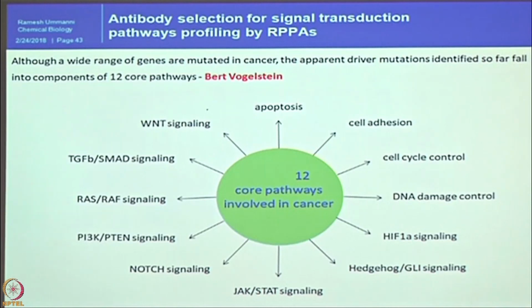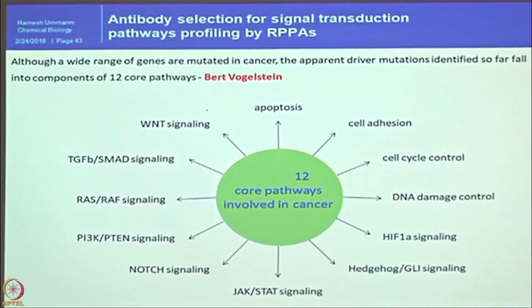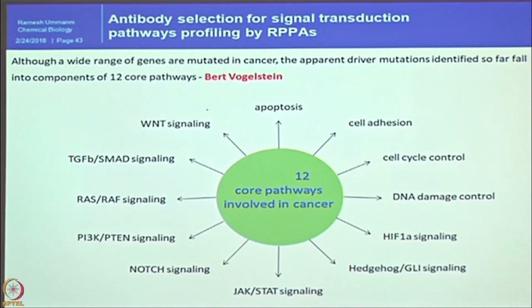Again, as I said in the first couple of slides, antibody selection is very critical and important to establish this method. Although a wide range of genes are mutated in cancer, including lung cancer, the apparent driver mutations identified so far are components of 12 core pathways. That means all the different mutations which cause lung cancer map into one of these pathways.